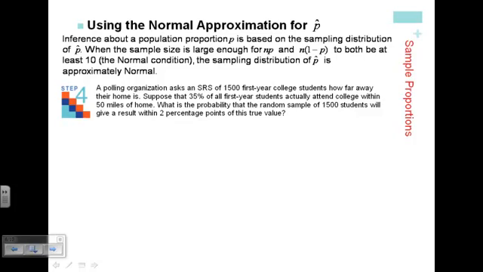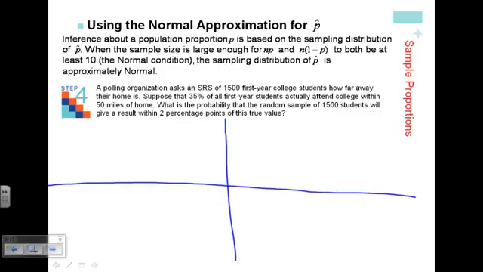Now, this is a 4-step process, and I'm really going to start forcing you to do a 4-step process in my particular way. I make 4 boxes. And here's where I put step 1. I want to state what it is that we're trying to find.